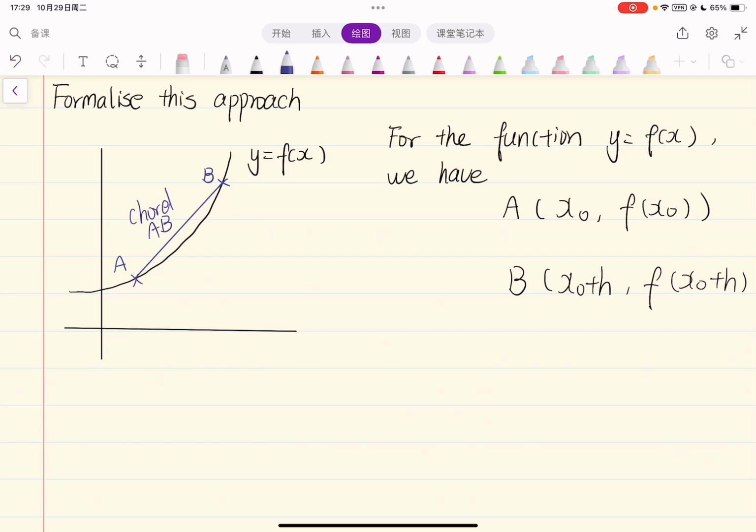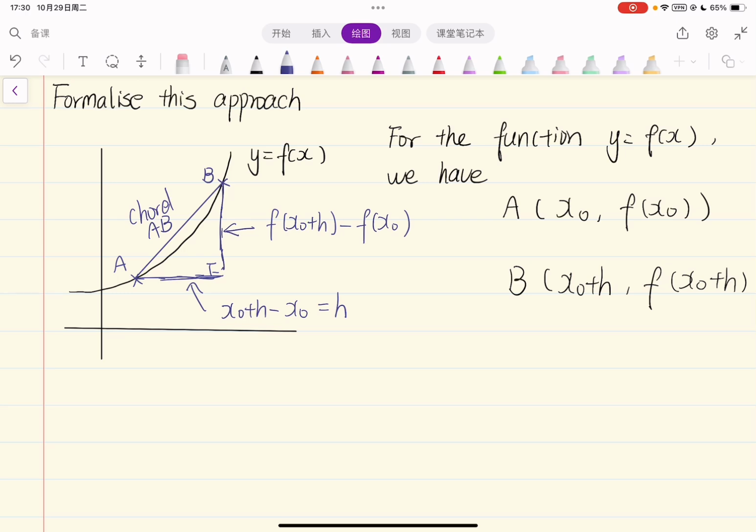We find that the vertical distance from A to B is f(x0 plus h) minus f(x0). For the horizontal distance, that is x0 plus h minus x0, which equals h.